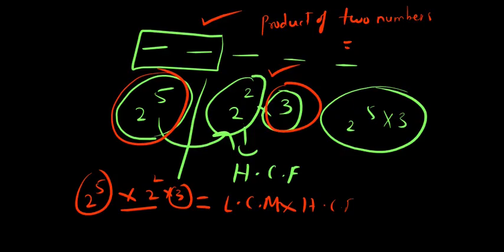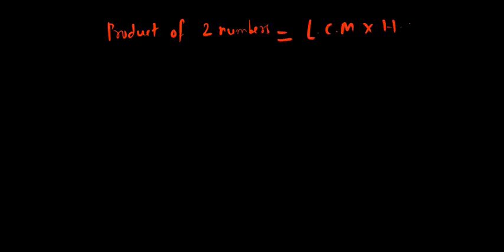So the product of two numbers equals LCM into HCF. This is a formula. So now till here, let's revise.